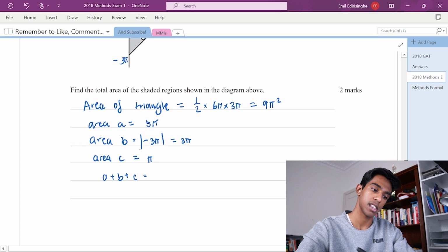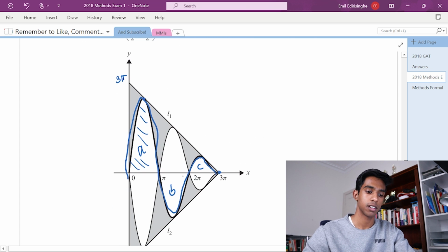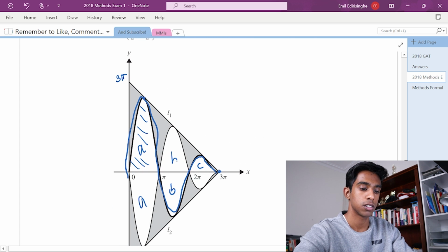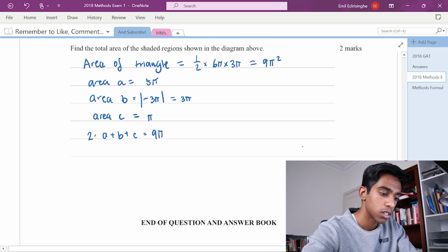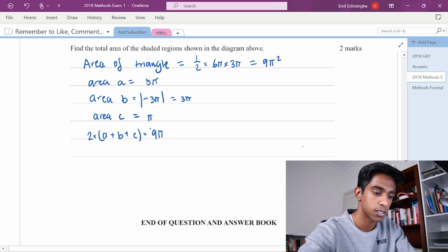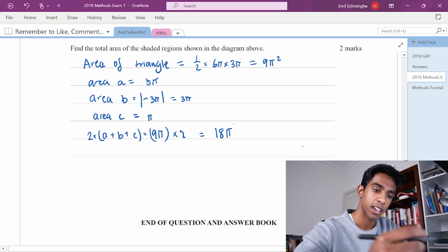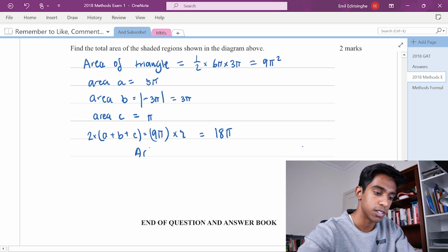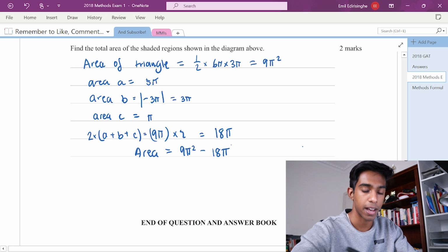So A plus B plus C is going to equal 9 pi. And then we have to double it because there are 2 versions of it. So 2 times that equals 9 pi times 2, which is equal to 18 pi. And that gives us the final area, which is area is equal to 9 pi squared minus 18 pi.